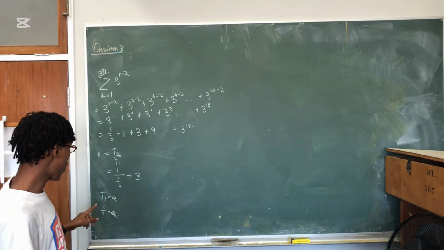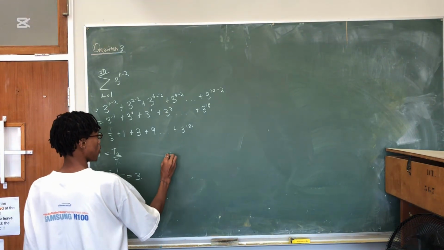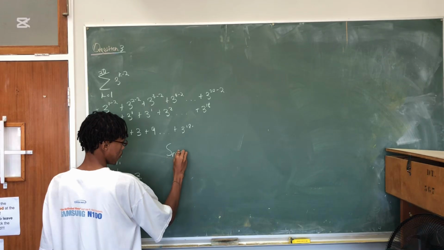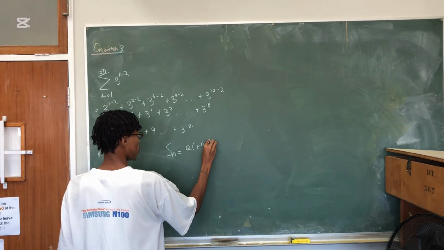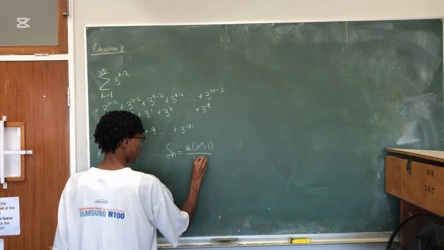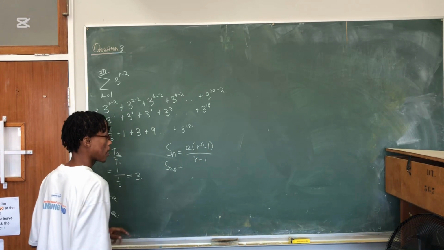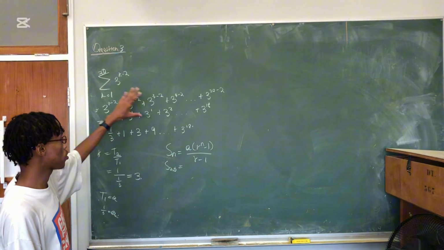Remember, all we're trying to do here is find the sum of that sequence. So now we have our ratio as well as our first term. You know that in a geometric series, the sum is equal to a(r^n - 1) over r - 1. There are 20 terms, so we're looking for the sum of the first 20 terms.